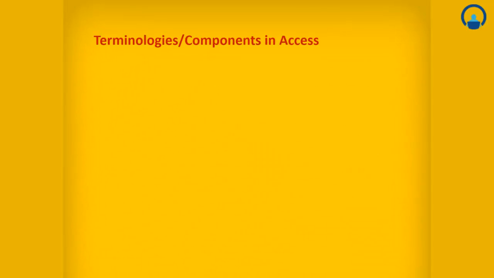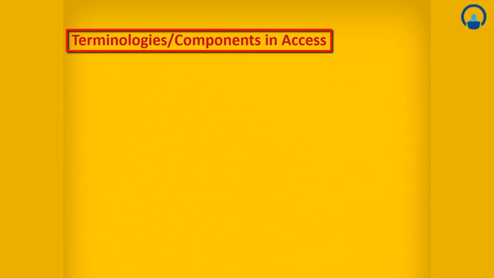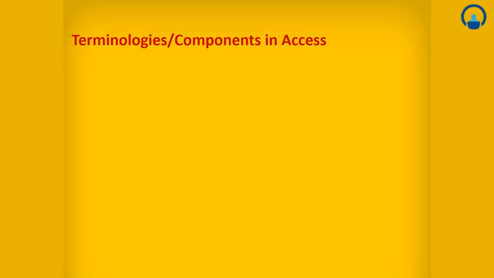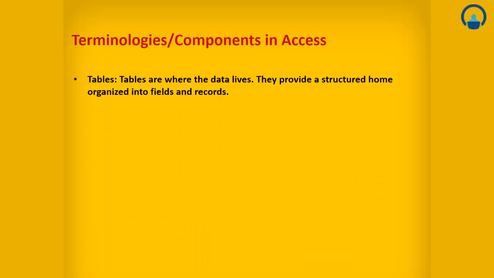Moving ahead, let's look at the terminologies or the main components in Access. To briefly tell you, Access is made up of four main components. One is tables, second is queries, third is forms, and fourth is reports. The very first thing that we're going to learn is tables. We're going to see all of these components practically in detail through the course.